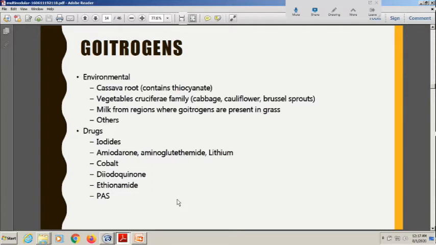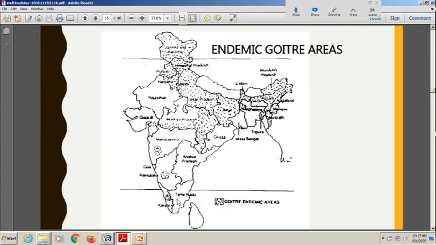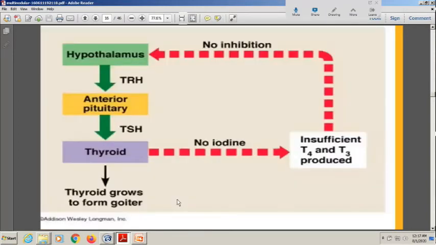Again, the same thing I already told. Normally, because of iodine deficiency, there is insufficient T3 T4 production in the body, and because of the insufficient T3 T4, there is no inhibitory pathway.